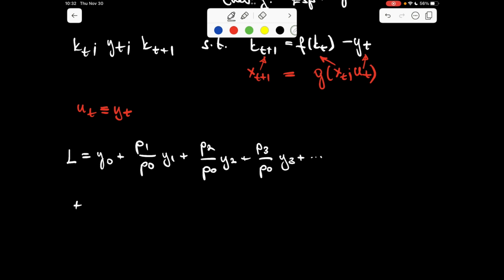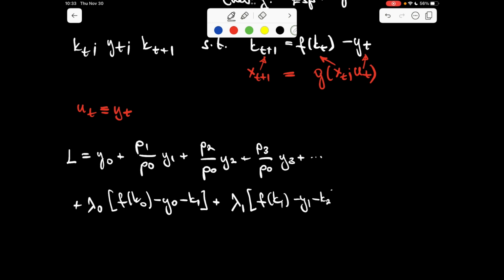And here we have a multiplier to each period, just like normally, and so on.